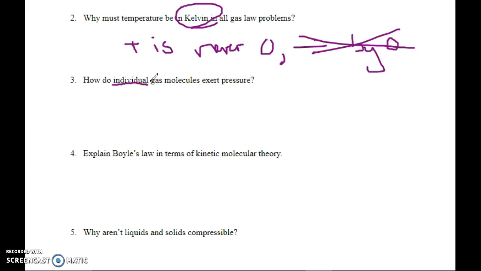As volume decreases, the particles have less space to travel, so they collide with the walls of the container more frequently. So as volume decreases, pressure increases. If we turn it around and make the volume bigger, the molecules have to travel a larger distance before they collide with the walls, and that gives you a smaller pressure because there are fewer collisions.